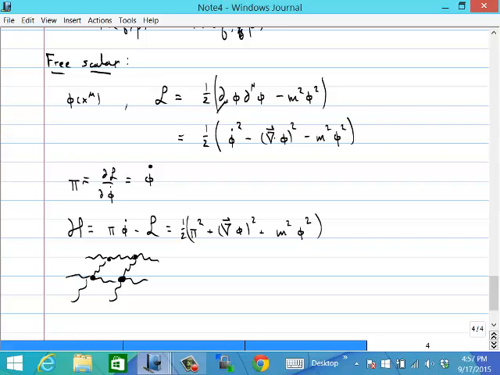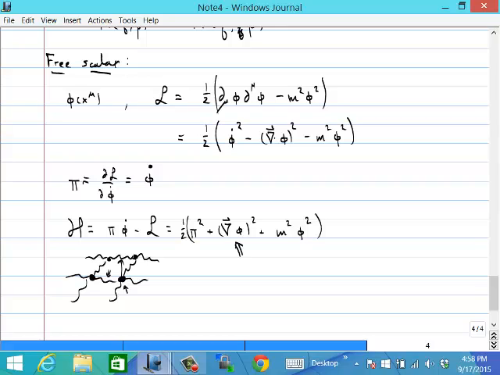You know, it's p squared over 2m, the kinetic energy of a free particle. What is this term here? You should really think about that as a contribution to the potential energy coming from gradients of phi. You know, if this guy here is displaced way up there compared to this guy, then there's a strong gradient in the field, and that means that this little spring here is going to be stretched, and you'll get a contribution to the potential energy coming from there. And what's that m squared phi squared? Well, again, that's just some sort of potential energy telling you that there's a restoring force that makes phi want to be equal to 0. So it makes everything want to not be displaced in the vertical direction.